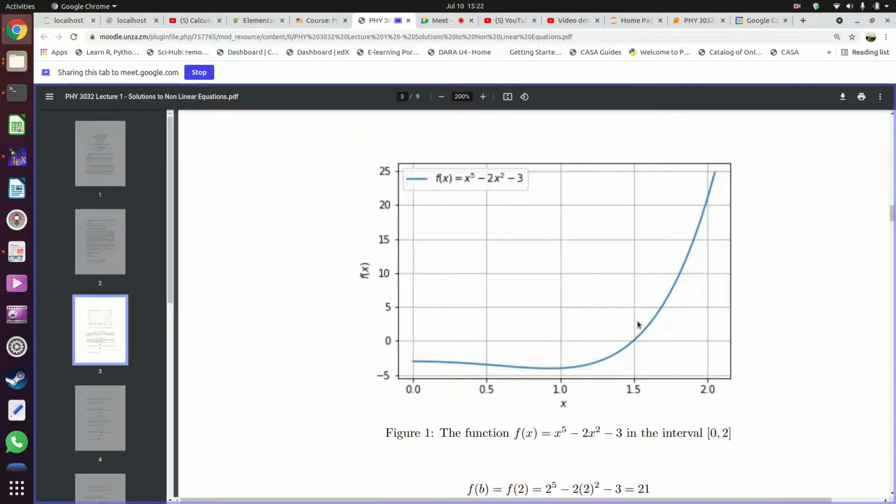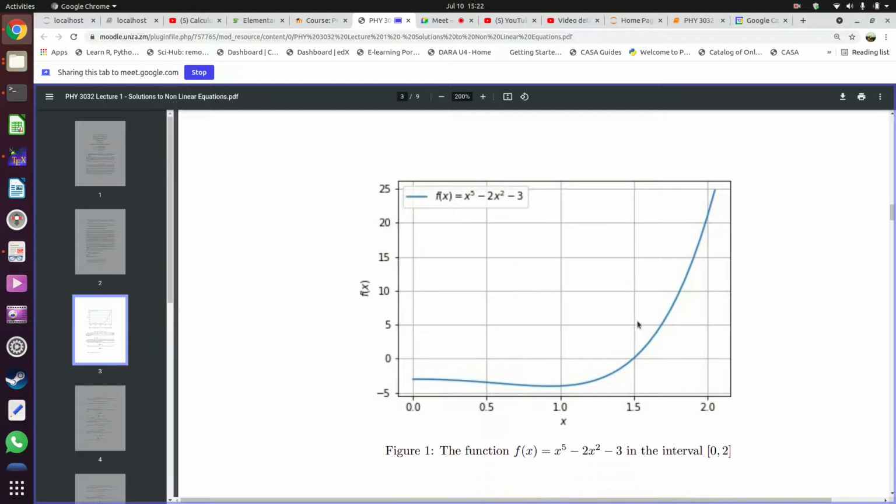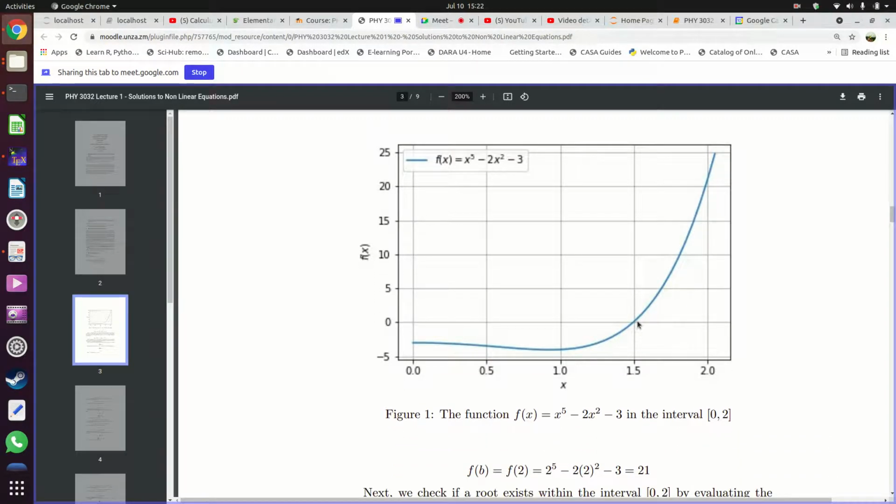So with any bracketing method, like the one you're going to look at, which is called bisection, you have to choose an interval. And once you choose this interval, you have to make sure that the answer or the root or the solution exists within this interval.